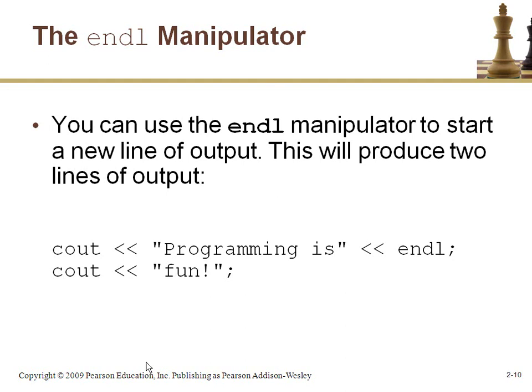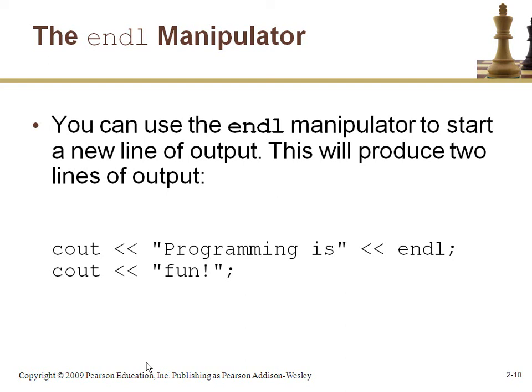You have a manipulator that allows you to do a carriage return and go to the next line. It's just like a line feed, and that manipulator is endl. We can use the endl manipulator to start a new line of the output.